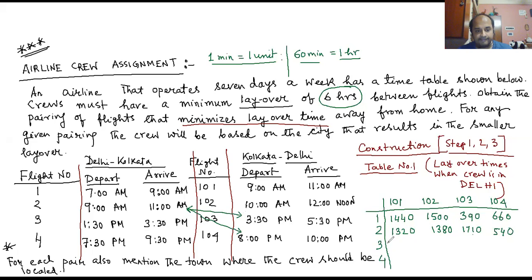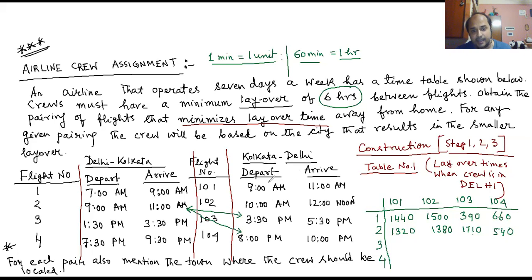3:30 to 9, 3:30 p.m. to 9 a.m. means the next day.